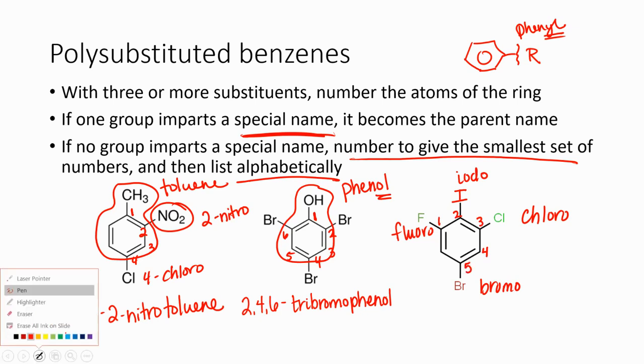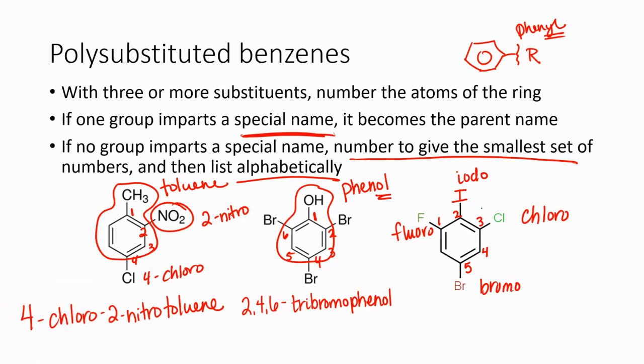Or we could try out counterclockwise. So either way, it looks like bromo is going to be 5, iodo is going to be 2. So then the question is really, what gets the 1? Does the chloro get the 1, or does the fluoro get the 1? And since chloro is first alphabetically, let's go with the counterclockwise blue. Let's go with 1-chloro and 3-fluoro, because chloro comes before fluoro alphabetically.